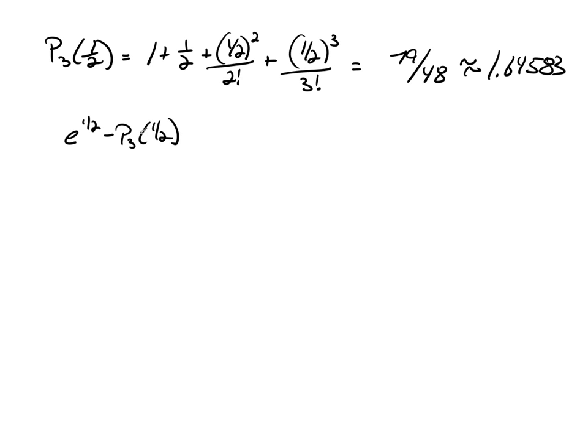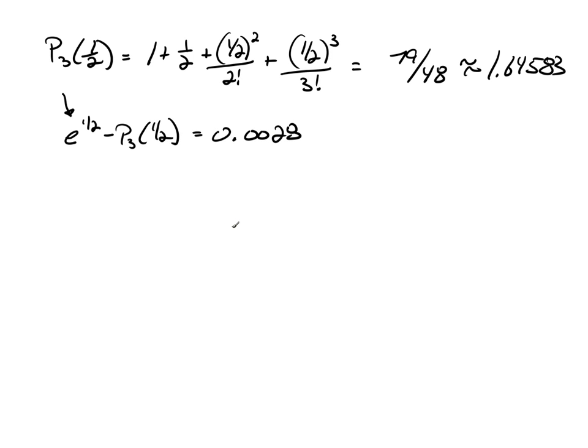And obviously, this is something we're doing in the calculator because I'm trying to approximate this. So in the calculator, I'm going to let it actually do it just so I can verify my error. This is going to be equal to 0.0028.